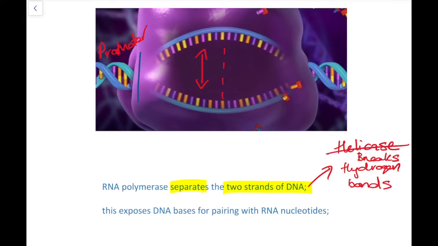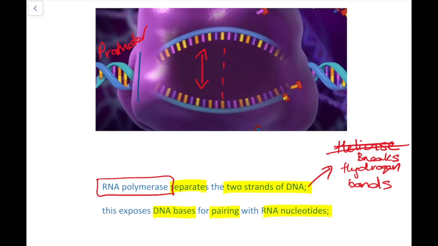So it's not helicase in transcription, it's only RNA polymerase, but it's got the same function. So RNA polymerase separates the two strands of DNA, exposing the DNA bases for pairing with RNA nucleotides.